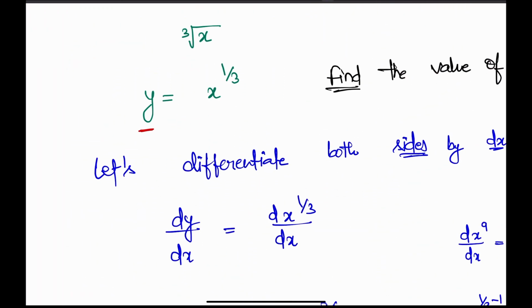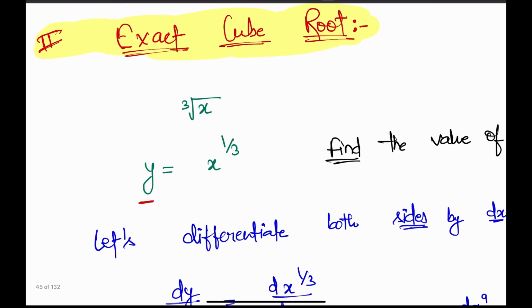So in y, how much will change if x, suppose we know that okay, y1 equal to x1 to the power 1 by 3. Okay, we know this one, but we have been asked to find the value of x, and we know the difference between x and x1 is dx, the difference.